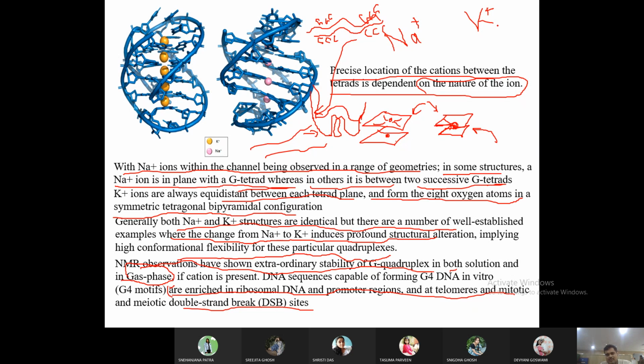So what they did, they took strands like this, like we have done previously for G quadruplex. They took strands like this, which should come if one strand of the DNA is taken to form the G quadruplex.